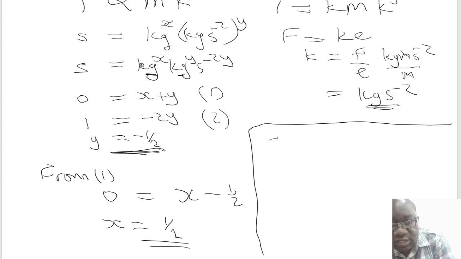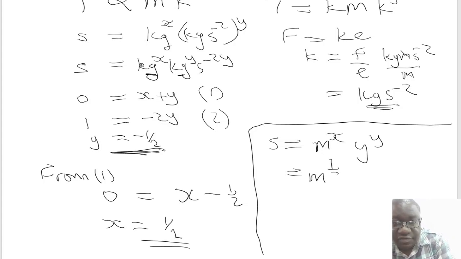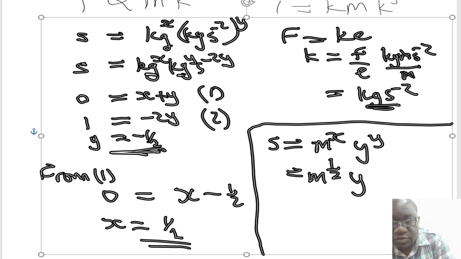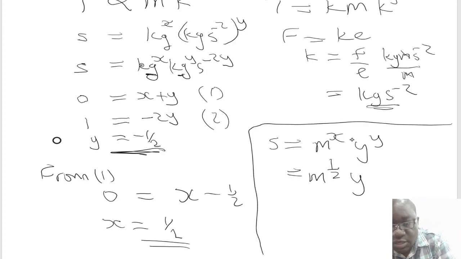So s is equal to, if you remember, m to the power of x and k to the power of y. So it's going to be m to the power of half and k, sorry about that, this is supposed to be k, let me just erase that.